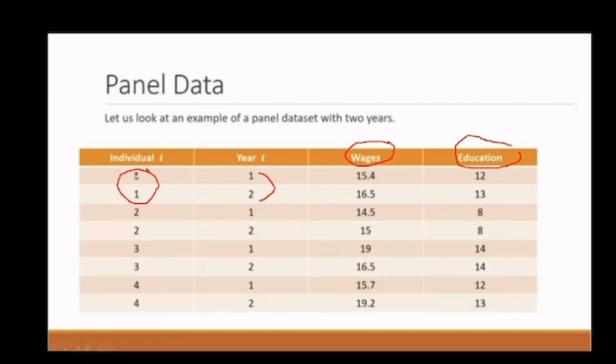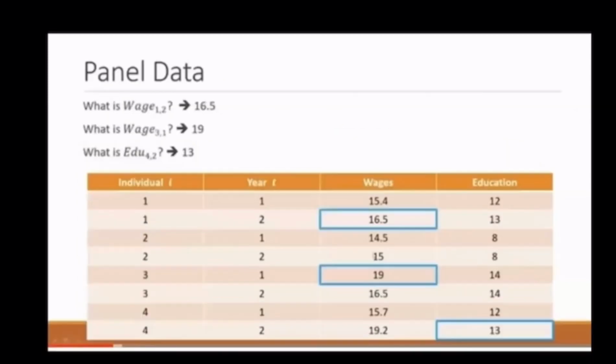But before I go into analysis of panel data, I think I need to first show you what some stuff actually represents. Take a look at this data set now.